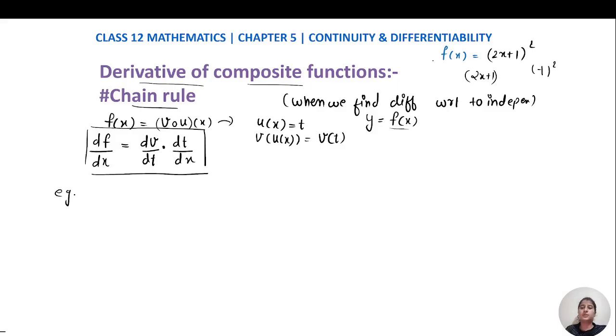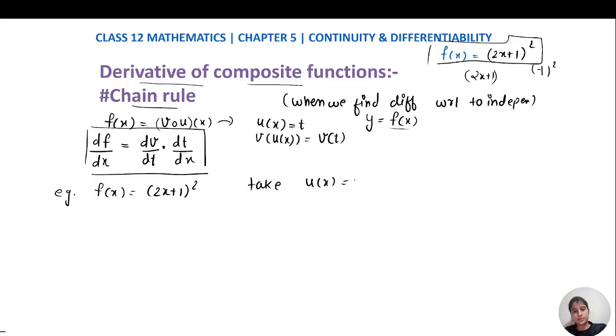So take the one with which we started this topic: f of x equals 2x plus 1 whole square. Take u of x as 2x plus 1, and v of t equals t square. We can easily differentiate these using standard forms.